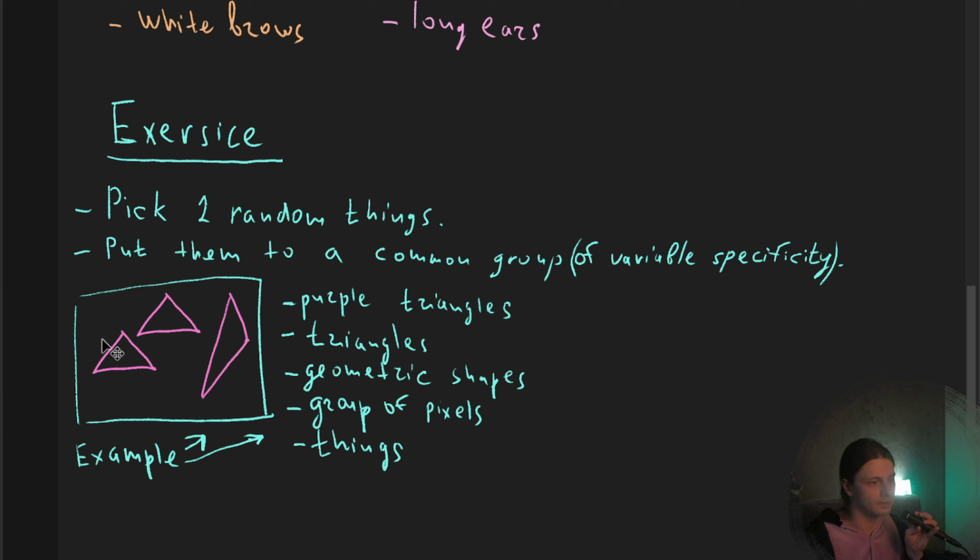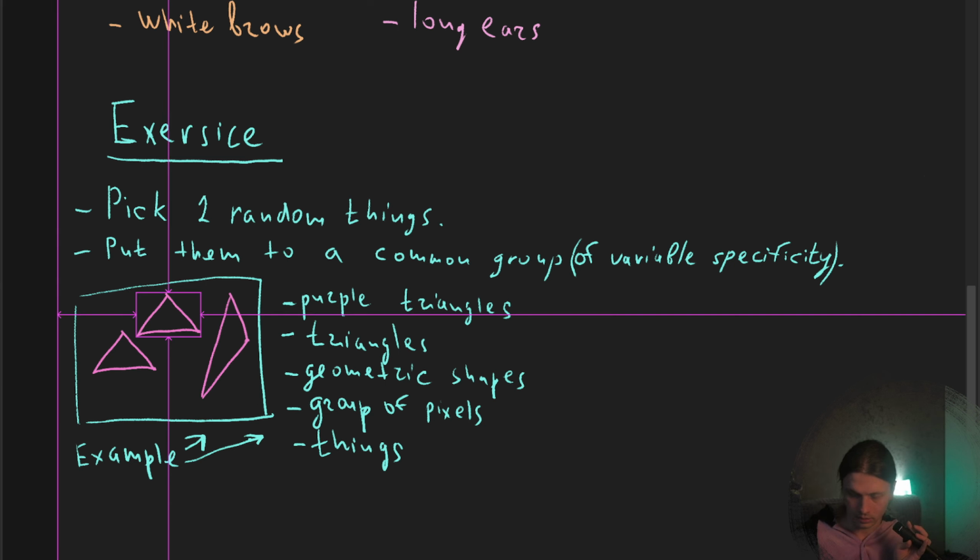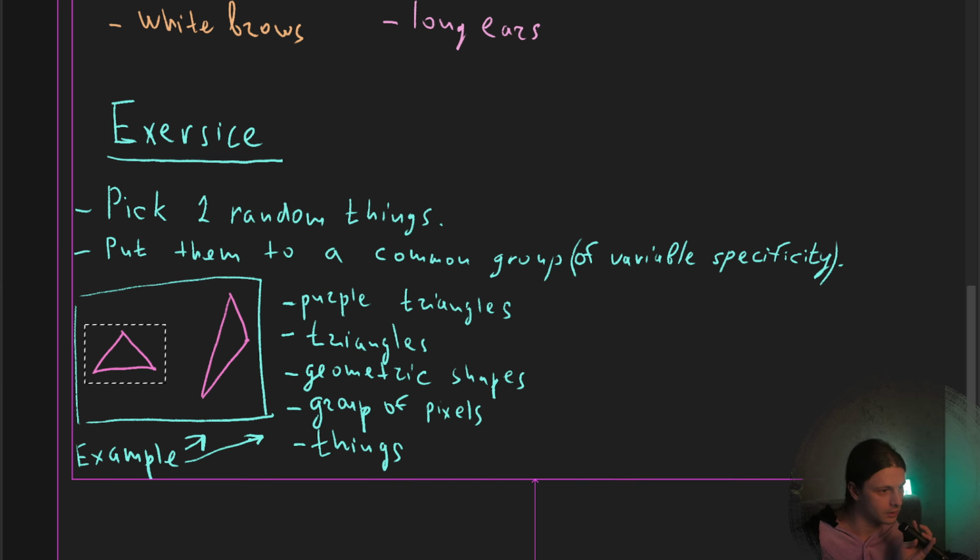If we look at these triangles like at the group of pixels, those are completely different groups of pixels, etc., etc. So try to think about differences and common stuff. Yeah, let's remove this.